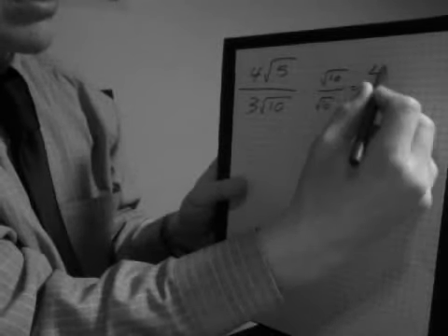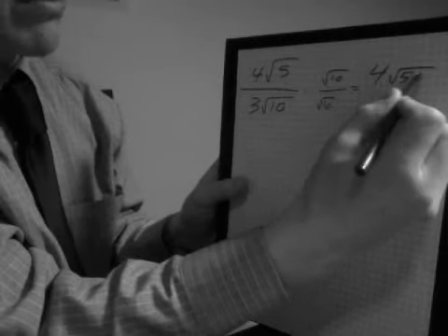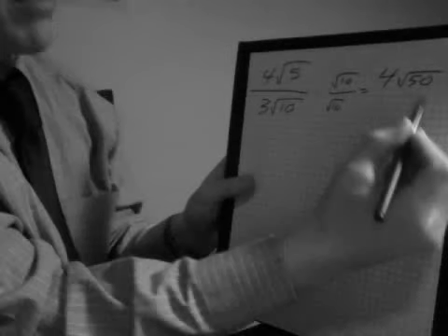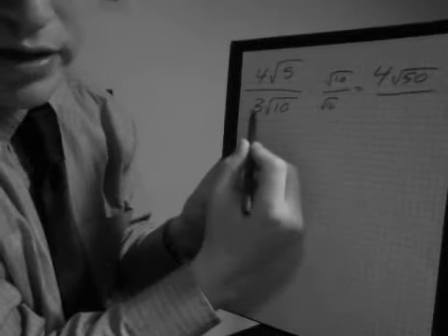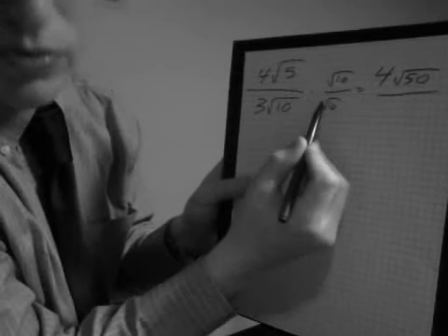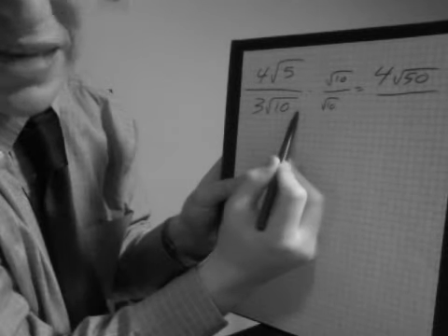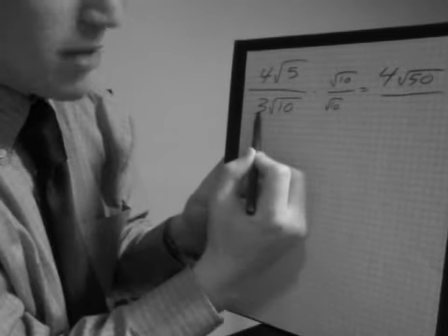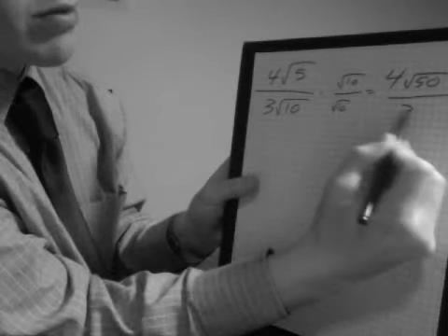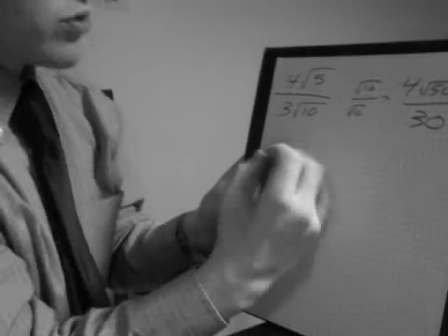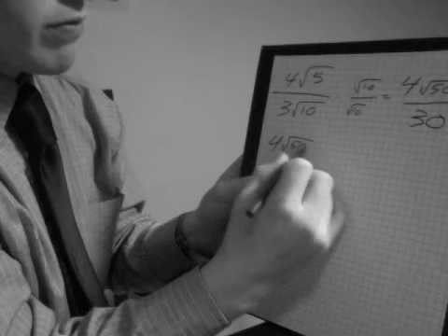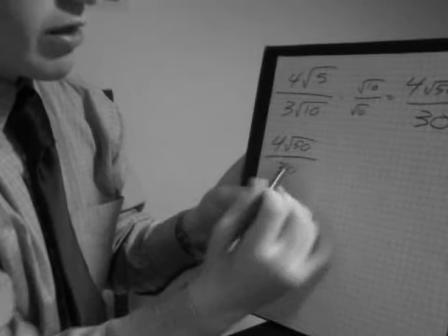Answer, 4 times the square root of 50. On the bottom, I have 3 times the square root of 10 times the square root of 10. Well, these two things multiplied are just going to give me 10. Then I still have to multiply by 3, so that's 30. So really I'm dealing with 4 square root of 50 divided by 30.